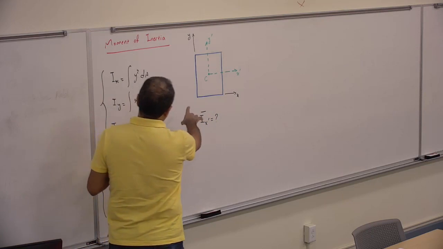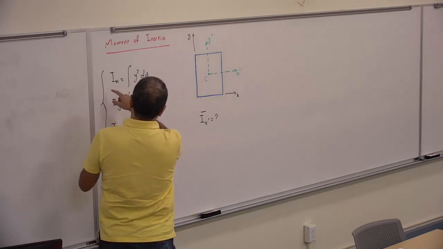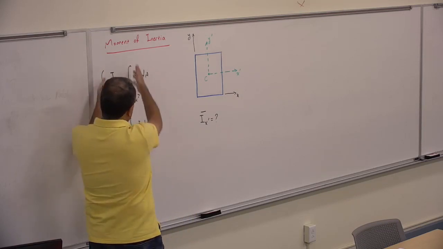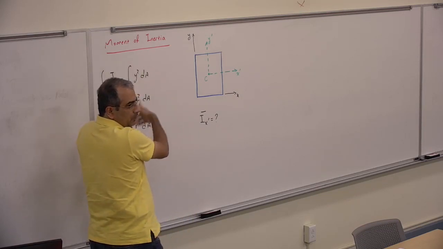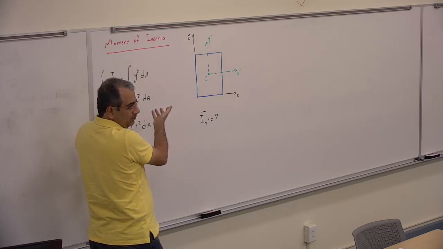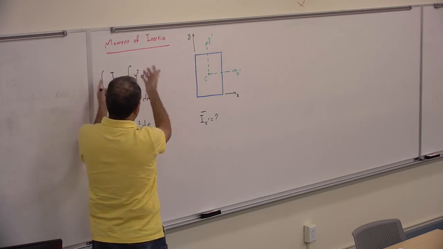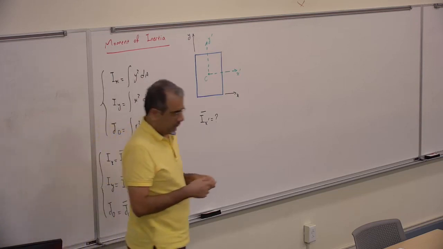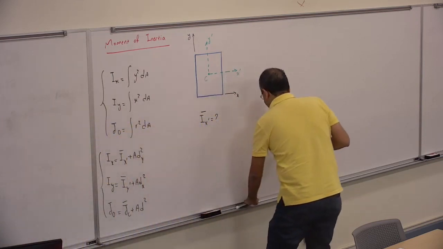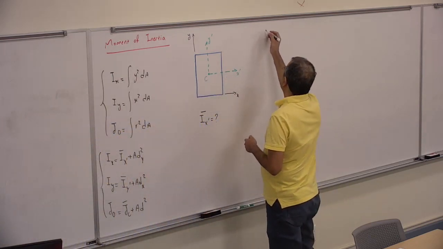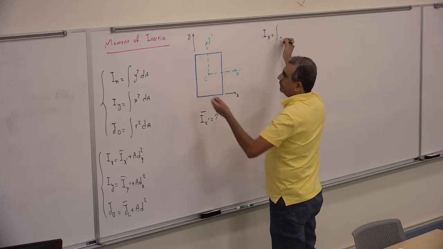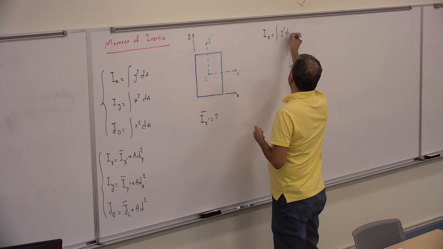So if I want to find that using this general equation, again, about any axis I can use this equation. It can be x prime, or any axis. So if I want to find Ix, it's the integration of y squared dA.